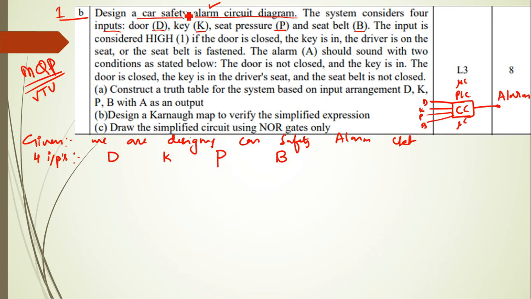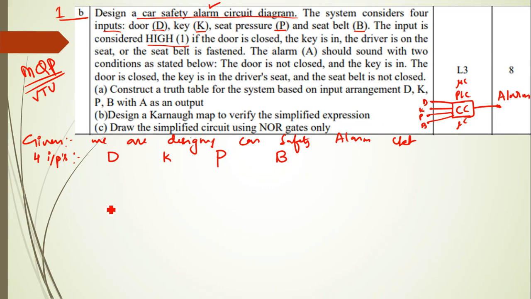In the car safety alarm circuit, we have 4 inputs. These are treated as 4 input sensors. The sensors are going to give the feedback to the control circuit, which generates an alarm. But for what condition an alarm is to be generated, let us see in detail. See, the input is considered high.